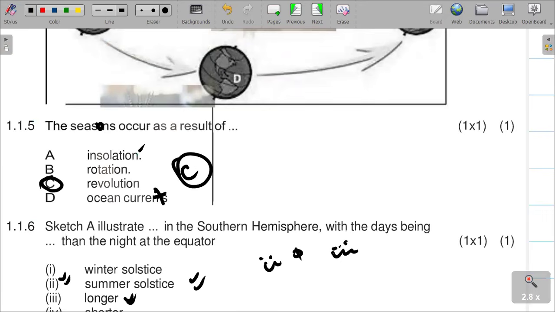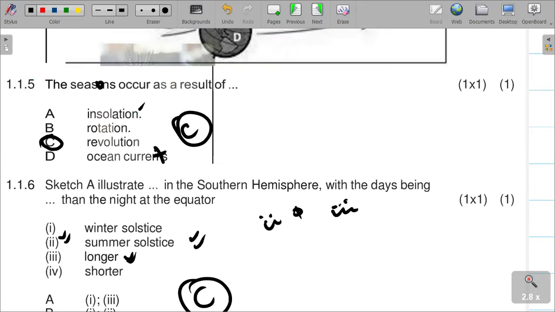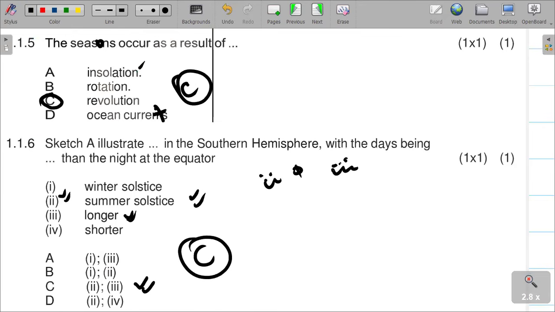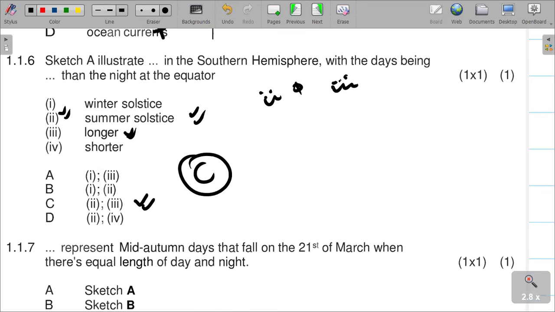It identifies the summer solstice, with days being longer than the night, which tells you that the answer is what? It is C.